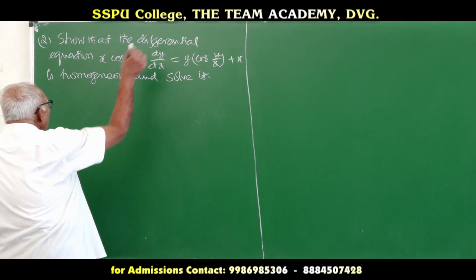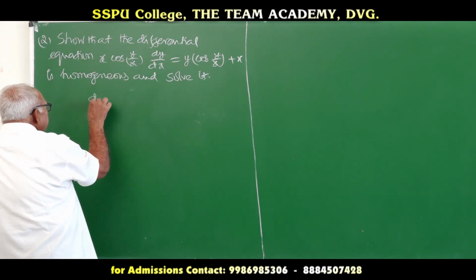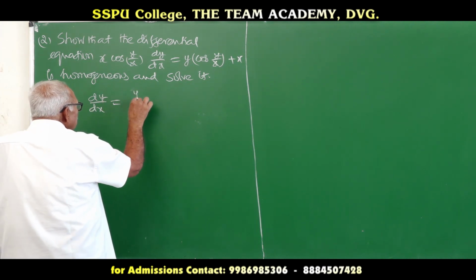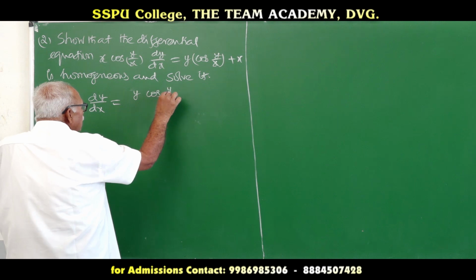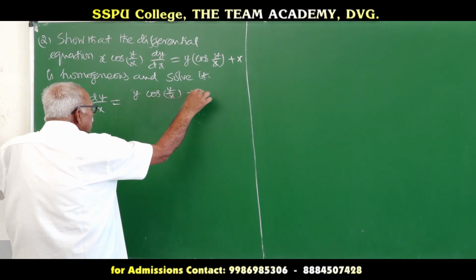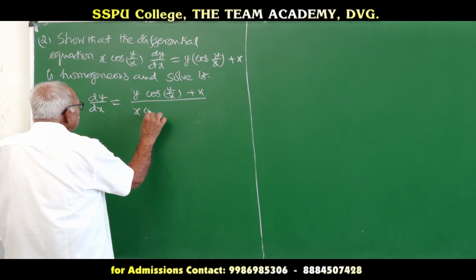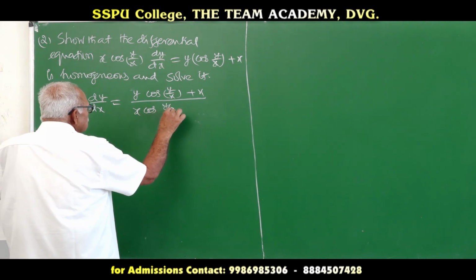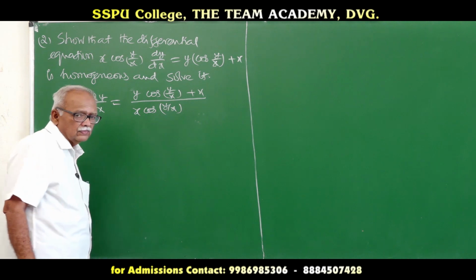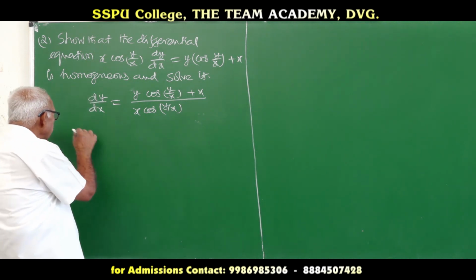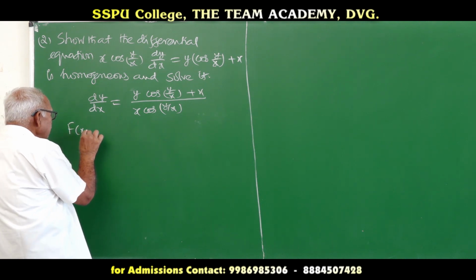Now, the given differential equation is dy by dx is equal to (y into cos y by x plus x) divided by x into cos y by x. So, how will you prove that it is an equation of the form f of x y?